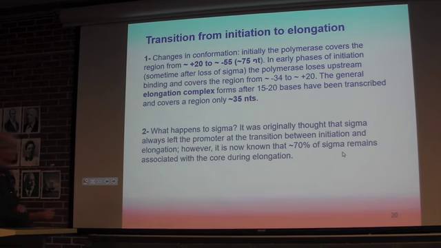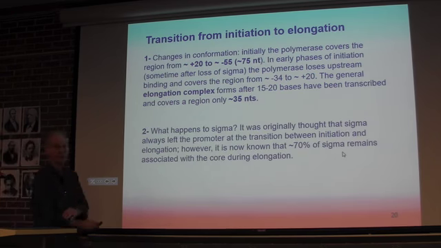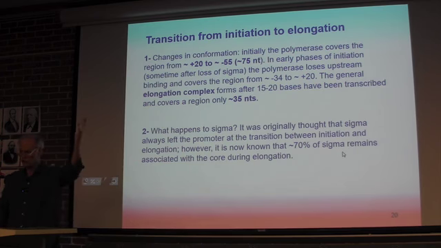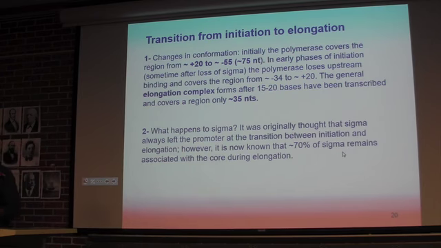Starts out recognizing about 75 nucleotides. Remember when we started out, we talked about the biophysicists and the highfalutin calculation about diffusion rates and how long it would take to recognize a promoter.